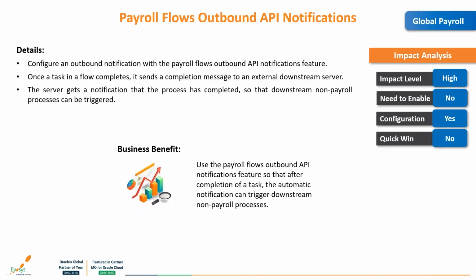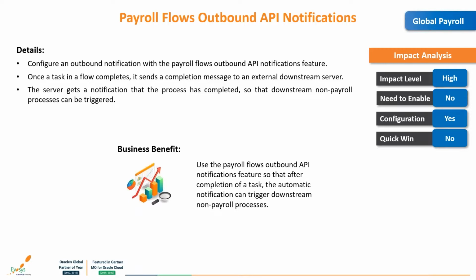This notification feature is going to provide us with an API which will enable us to communicate with the downstream server. Let us assume that we have a payroll process which, when completed, we want to trigger a particular set of activities in the downstream server.